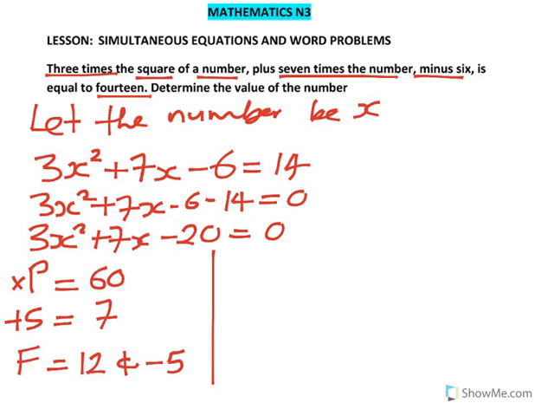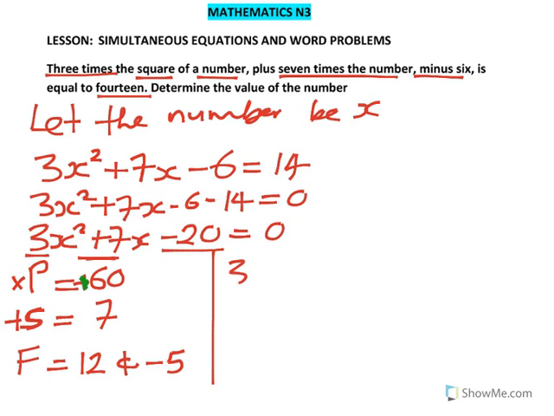When we multiply them, the product must give us a negative 60, because it's minus 20 times 3 is minus 60. And when we add them, the sum must give us a positive 7. Those 2 numbers are 12 and minus 5. 12 times minus 5 is minus 60, and 12 minus 5 is positive 7.